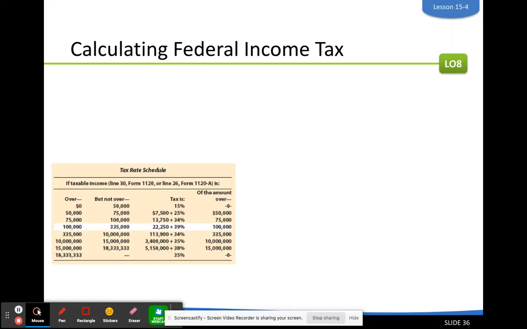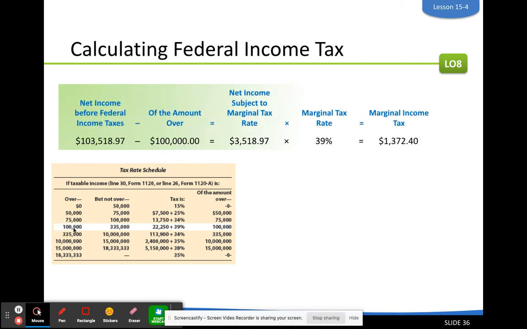So for our $103,000 net income, we fall between $100,000 and $335,000. So that means we're going to have $22,250 of federal income tax plus 39% of the amount over $100,000.